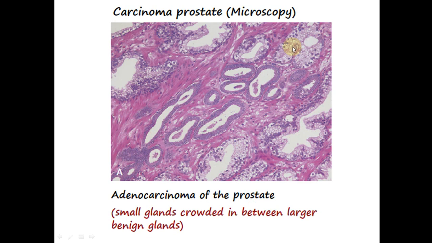So in this slide we can see the neoplastic glands, which are smaller and crowded, and here we will see the normal prostate glands, which are comparatively larger, and they surround the cancerous small size glands.